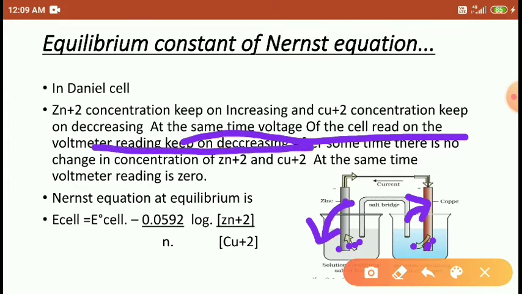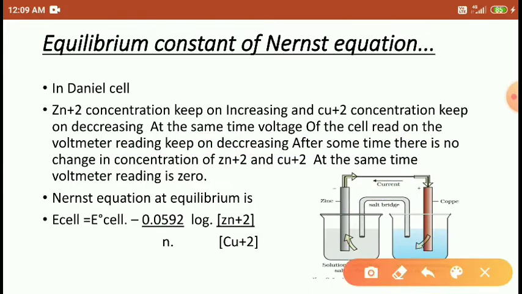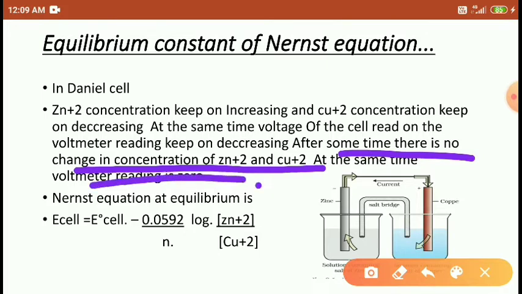The voltage of the cell, read on the voltmeter, keeps on decreasing. If you connect a voltmeter here, the reading keeps on decreasing. After some time, there is no change in the concentration of zinc ion and copper ion, and the voltmeter reading is 0.